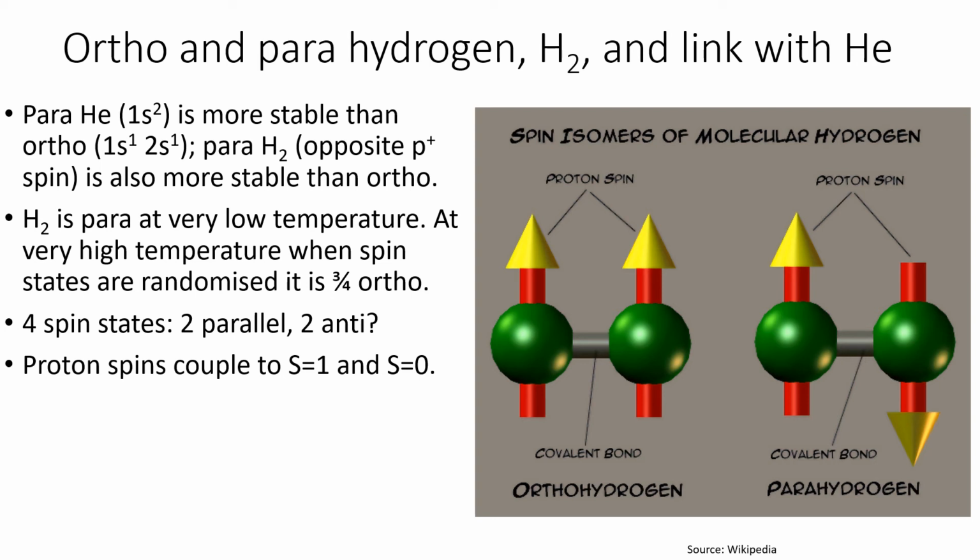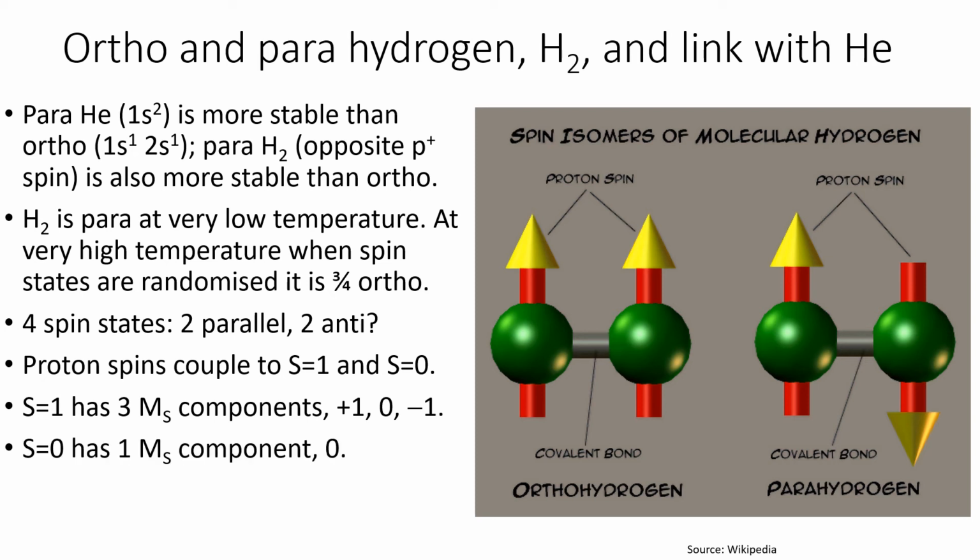So rather like we saw with 2 electrons in helium, they can spin together, spins parallel, to give you S equals 1, or spins anti-parallel to give S equals 0. But the crucial thing here is that when the electrons give you that capital S equals 1 state, you've actually got 3 possible components: 1, 0 and -1.